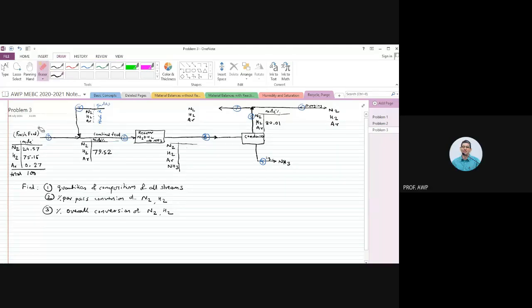This is mole percent, but because we are taking basis as 100 gram moles of fresh feed, moles and mole percents are the same. I should be saying gram moles.